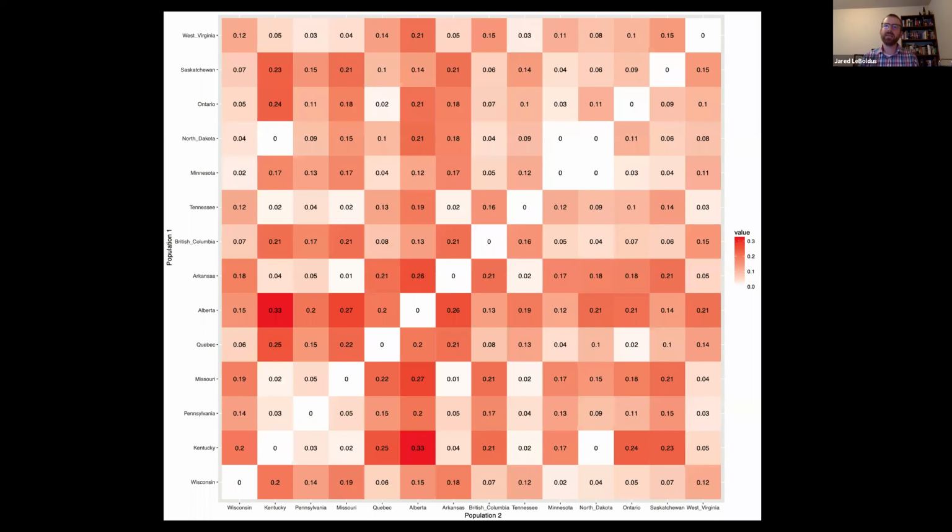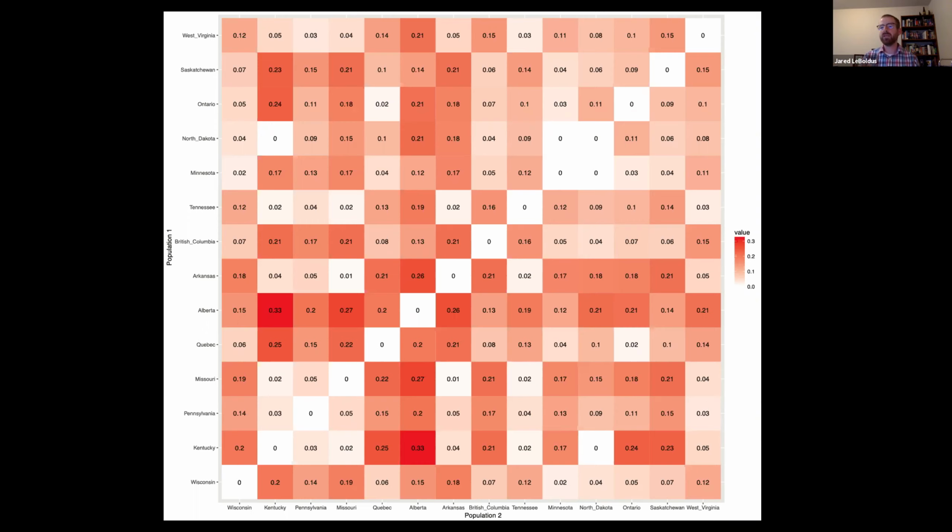So here you can see a heat map with the pairwise comparisons and the FST values. As you can see, they range between 0.01 and about 0.33.